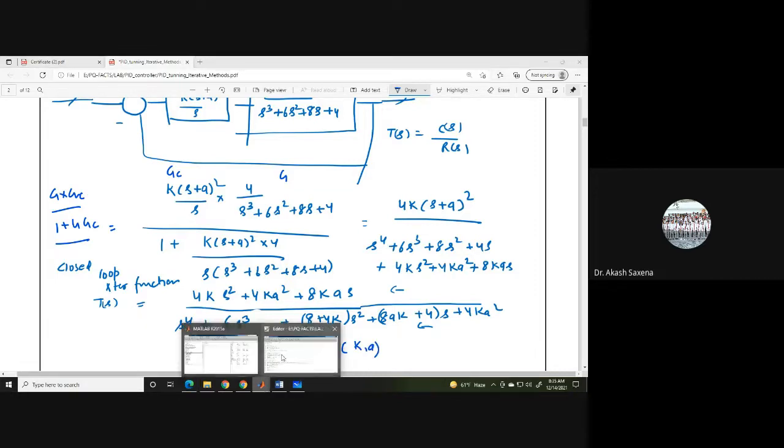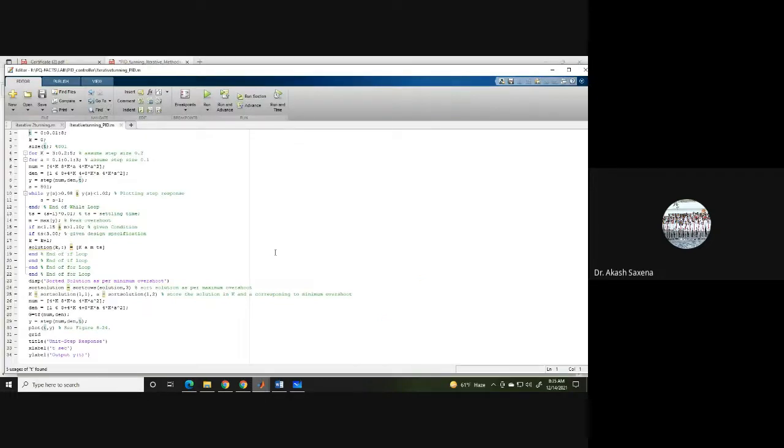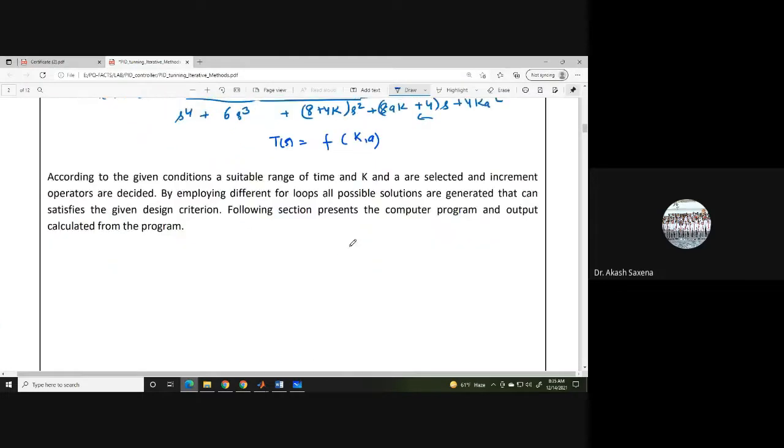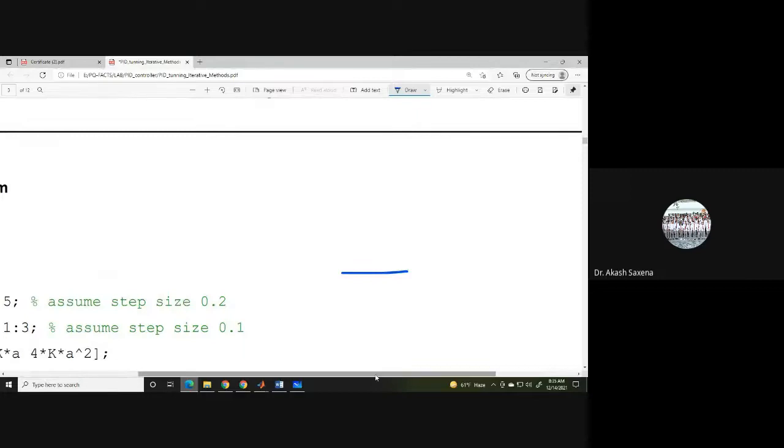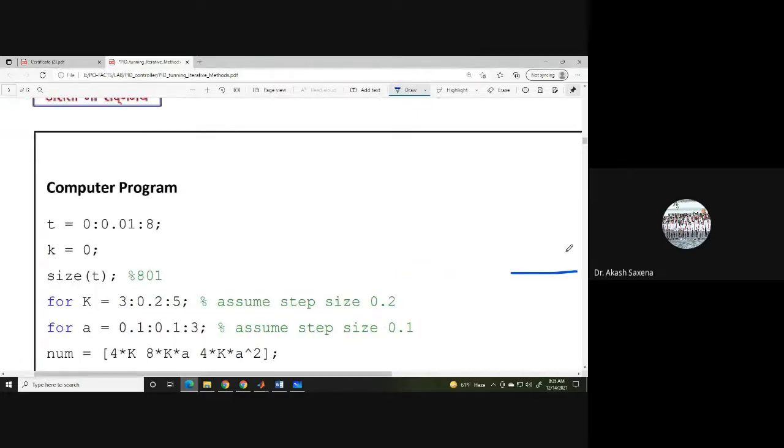Now if you can see my MATLAB part, let me show you the bigger part of this computer program. Here I have divided the time period starting from 0 and going to 8, like 0, 0.1, 0.2 and so on up to 8.